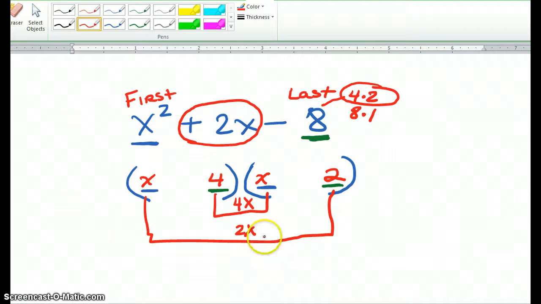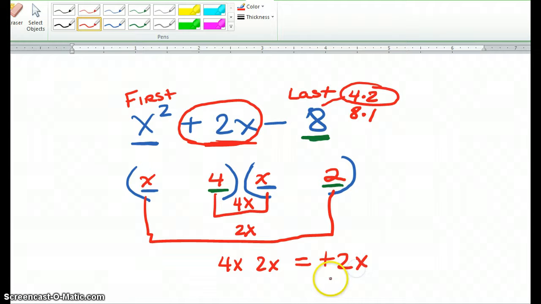What we need to think about now is how can we combine 4x and 2x so that we get the middle term of positive 2x. We want it to be positive, right? So now here's our chance to put in signs. So we already know that 4 minus 2 is 2, right?